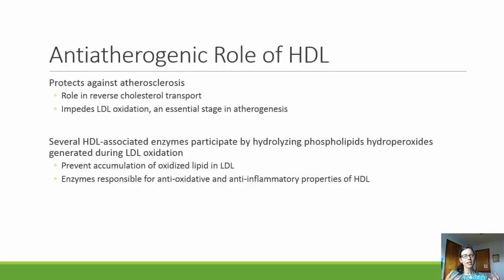Because it's picking up cholesterol, that's going to impede the oxidation of the cholesterol that's contained in the LDL molecule. And we know that the oxidation of LDL is the initiating factor of plaque buildup in the arteries, causing atherogenesis.